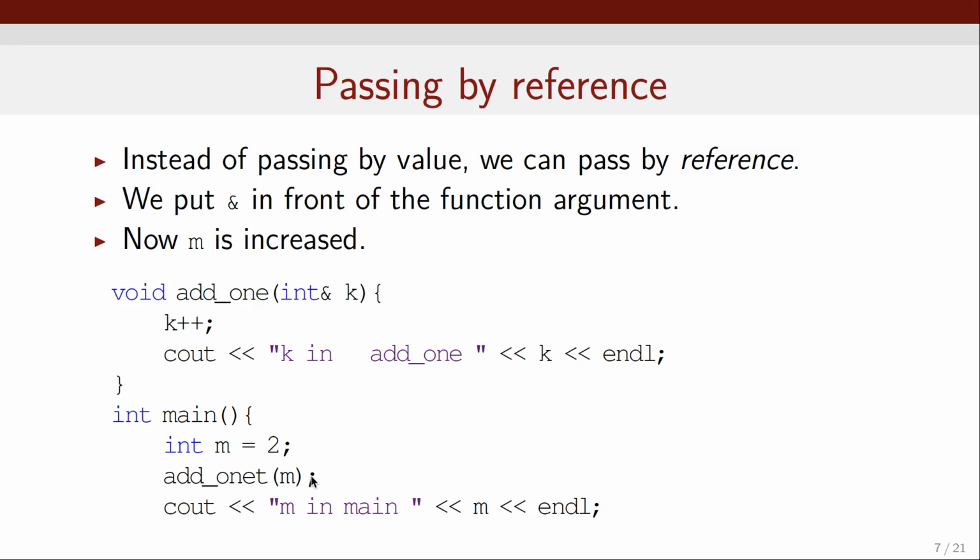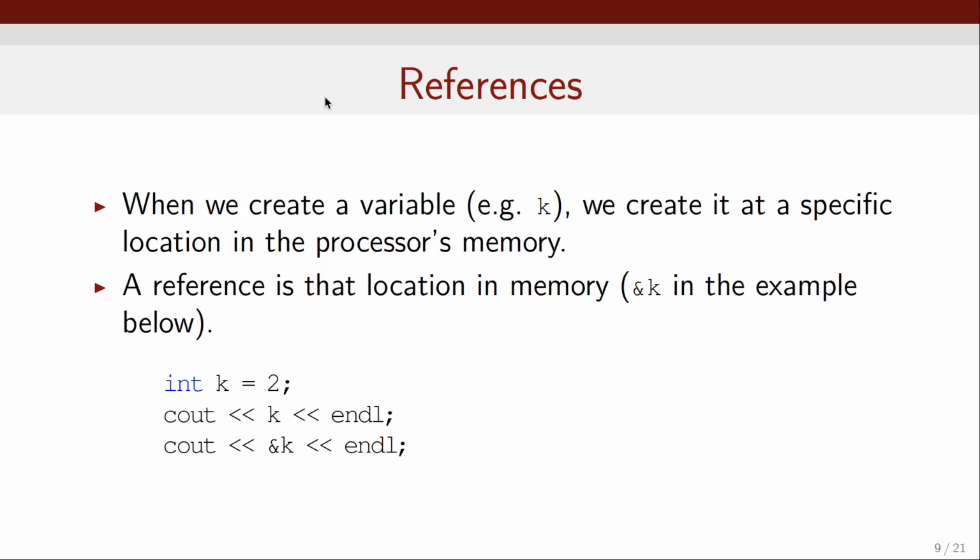To understand why this happens, we must understand what this ampersand means exactly. When we create a variable, such as k, we create it at a specific location in the processor's memory. A reference is that location in memory.